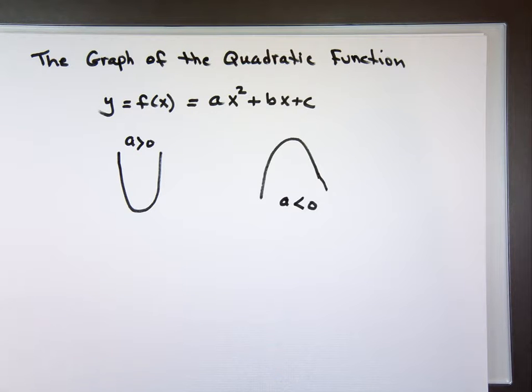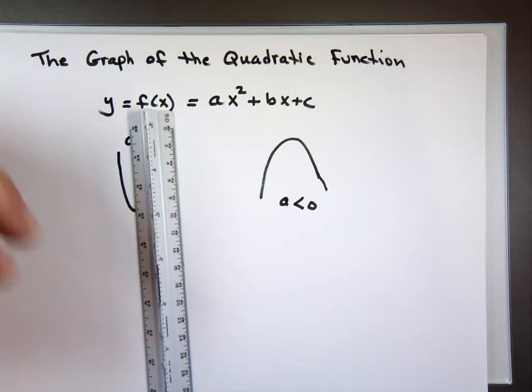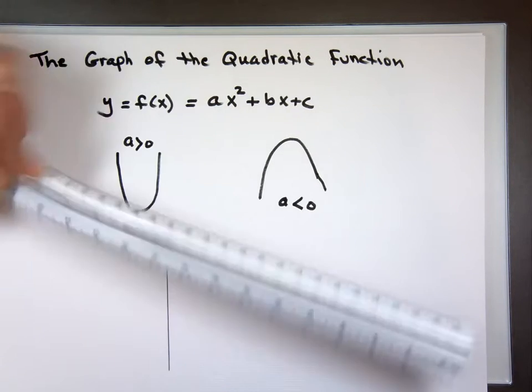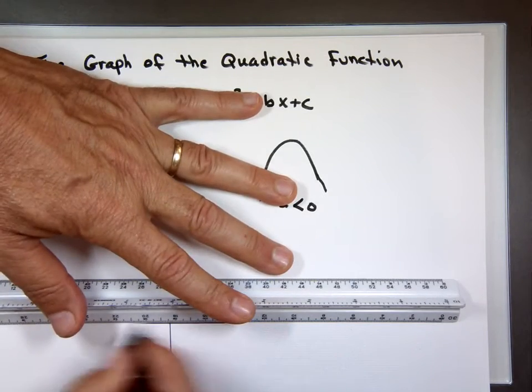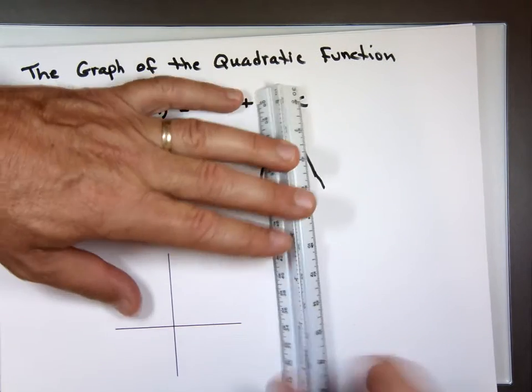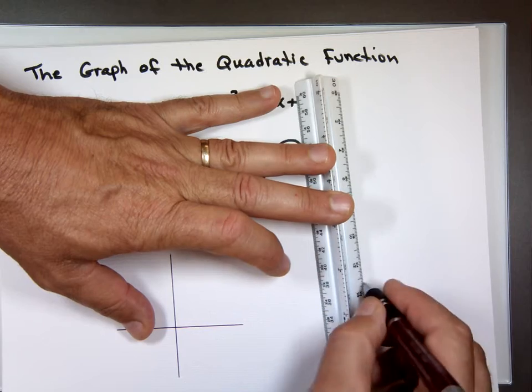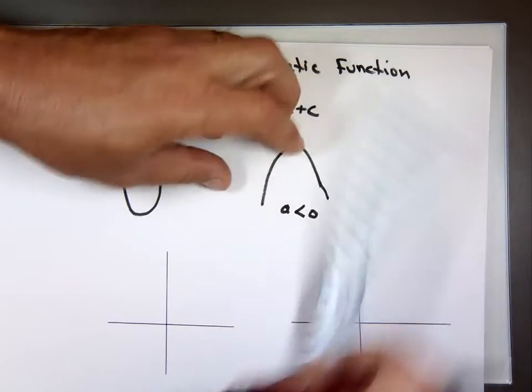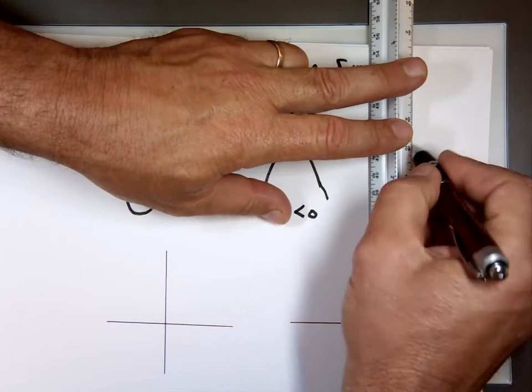So when you graph a quadratic equation, if you drew the x and y axes there, and you graph one, I'll color them here. I'll do 3 of them.